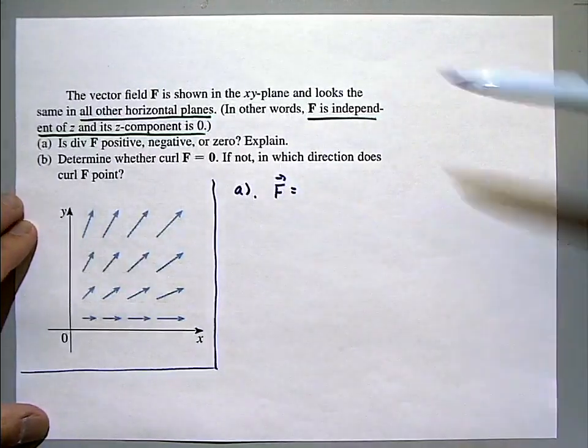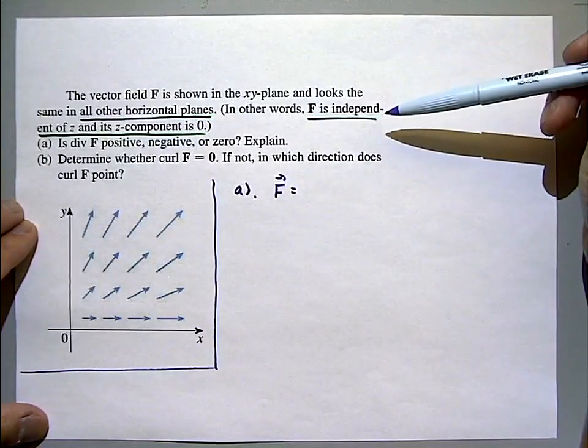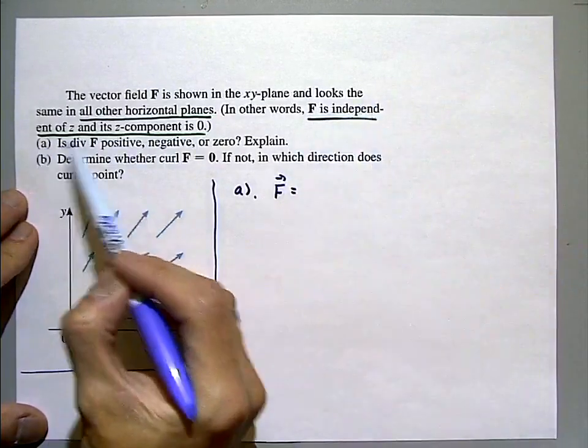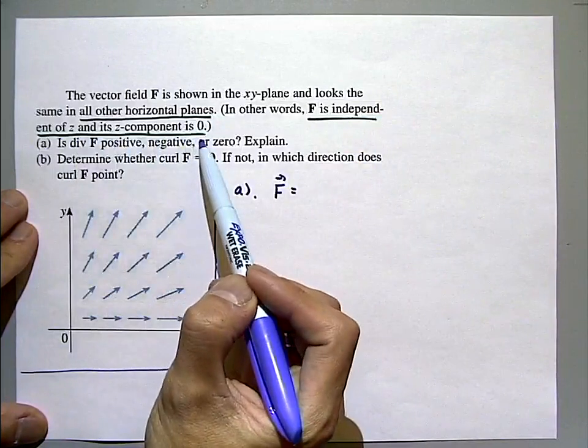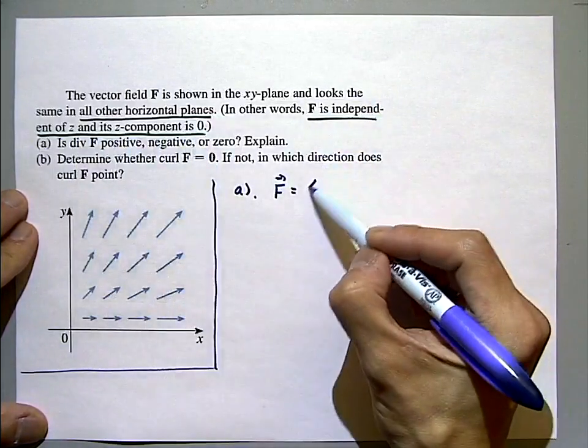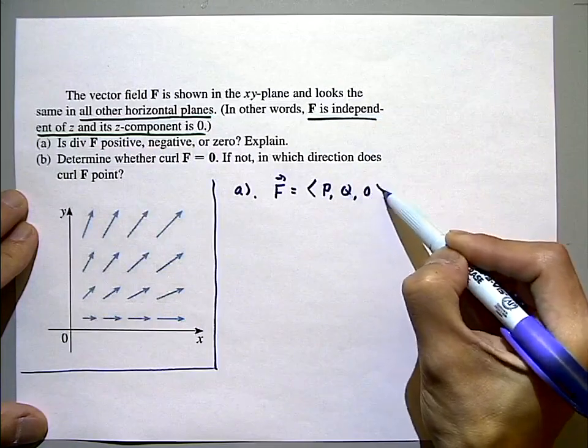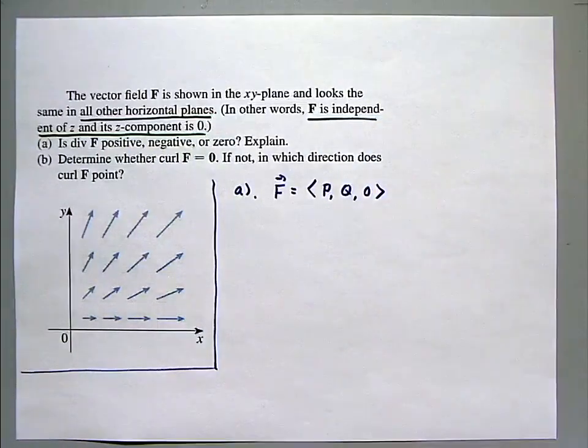So first of all, based on the things I have underlined in green, especially the second part here, F is independent of z, and its z component is 0. We know F must look like this: P, Q, 0, right? It says that the z component is 0. So this vector field must be purely two-dimensional.